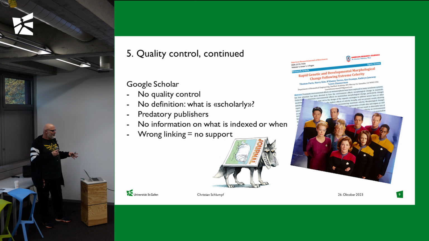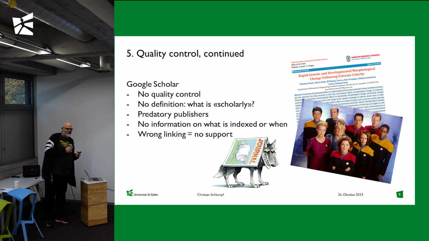You're on your own. And on the right side, you see a paper from the American Research Journal of Biosciences. That journal actually exists. It has an ISSN number. You were able to find this article in Google Scholar.